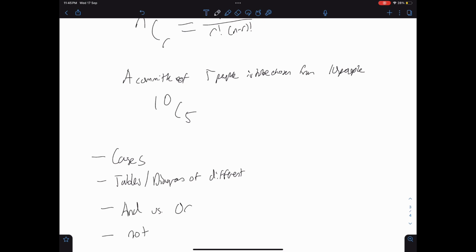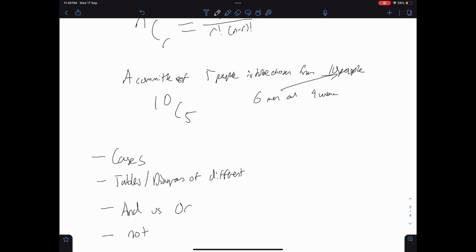But say I said here, 6 men and 4 women make up these 10 people, and I said 2 men must be in the committee. Then I couldn't erase the men from the calculation of those possibilities, because there are 6 men and I didn't say particular men.